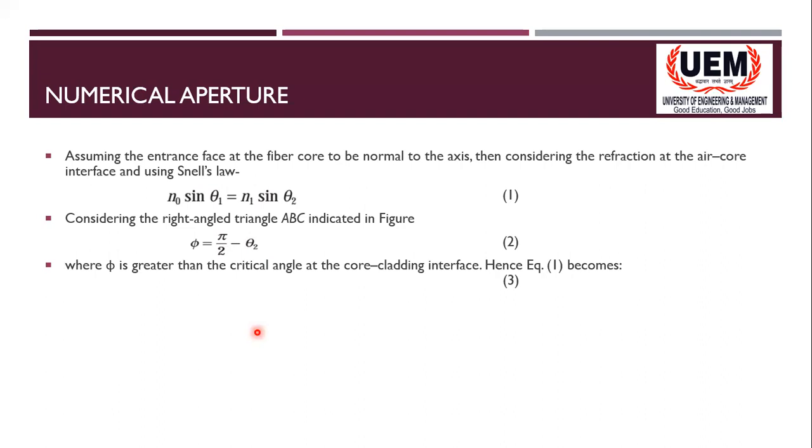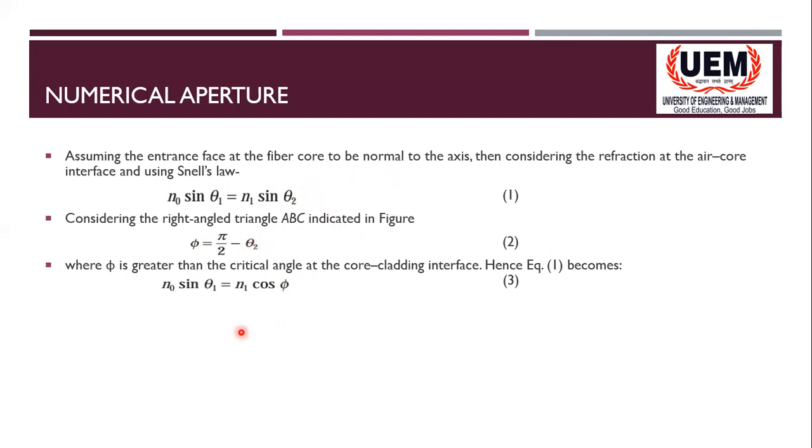Now what we will do here, since phi is greater than the critical angle at the core cladding interface, is use the value of theta 2 that we get from equation 2 and substitute it in equation 1.